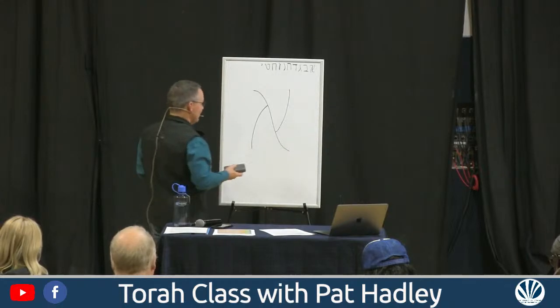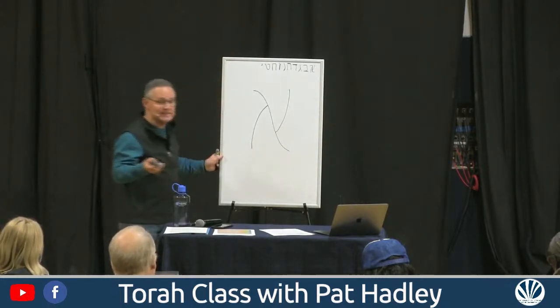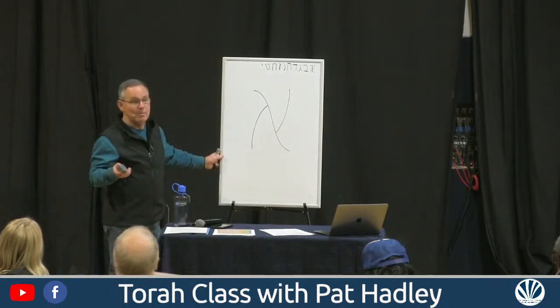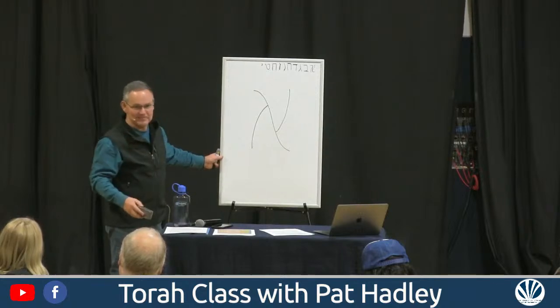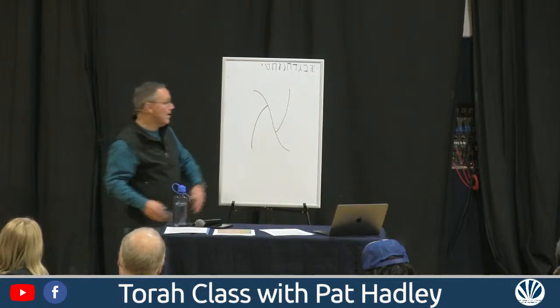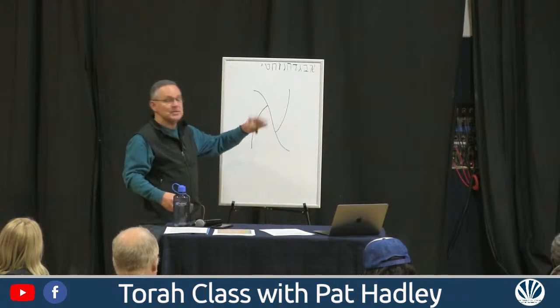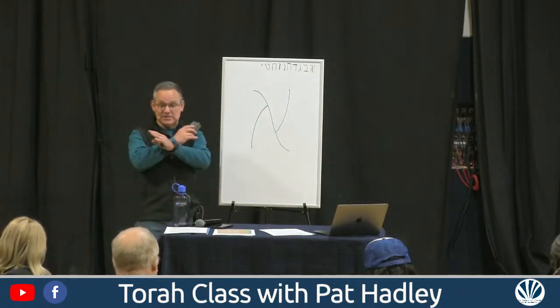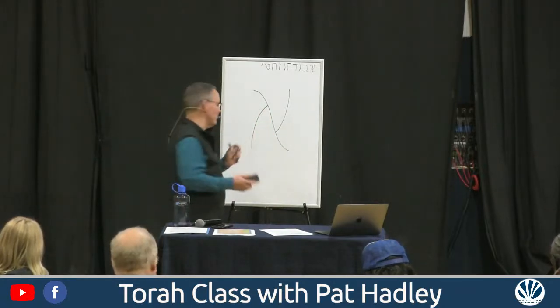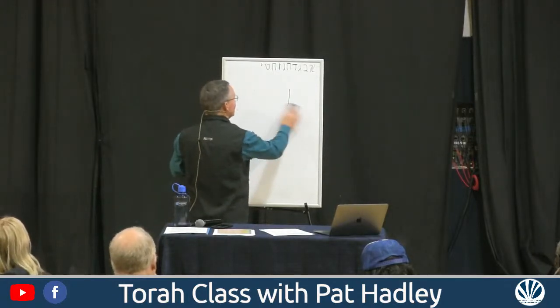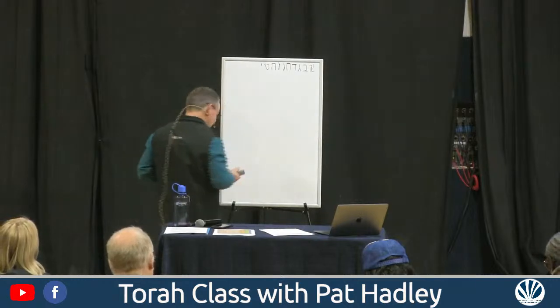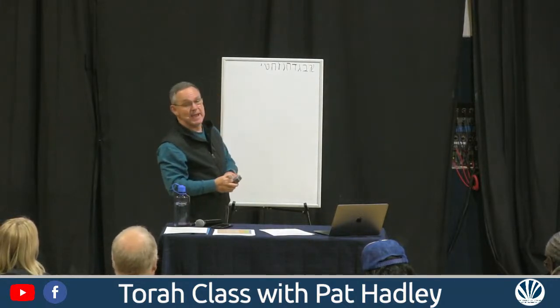And the Aleph is a silent letter, but that doesn't mean that there's no sound when you have an Aleph. It means that sometimes it's silent and you don't know. But we'll learn about that later. Okay, so we have Aleph and then Beit.